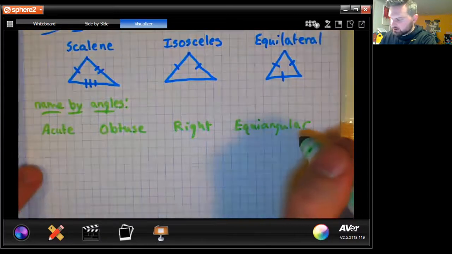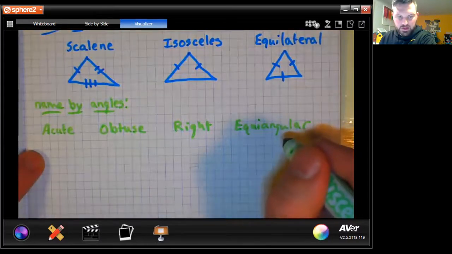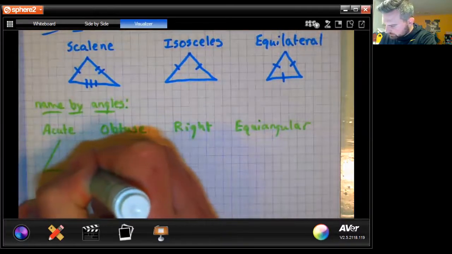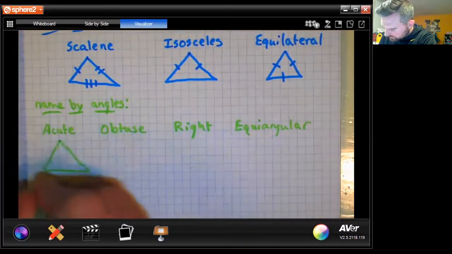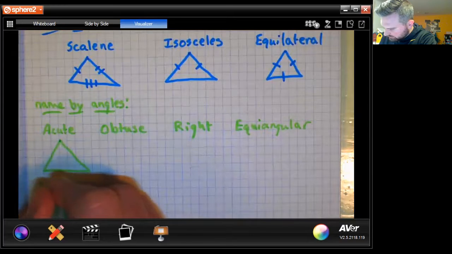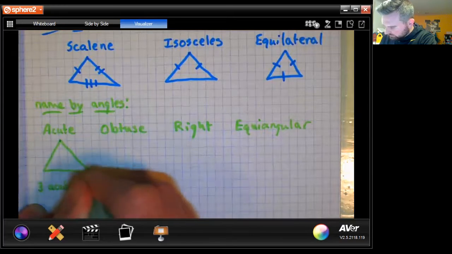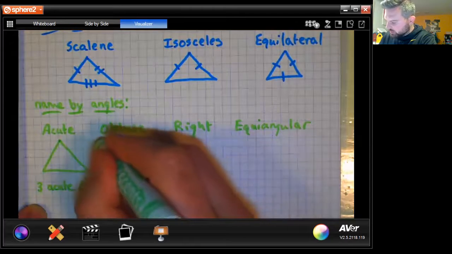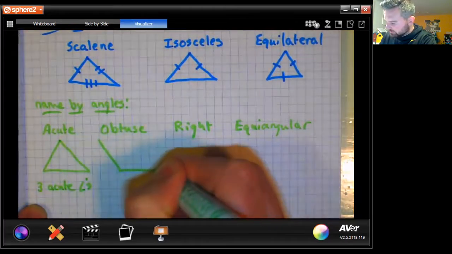Okay, an acute triangle has three acute angles. So three acute angles. An obtuse triangle has one obtuse angle.